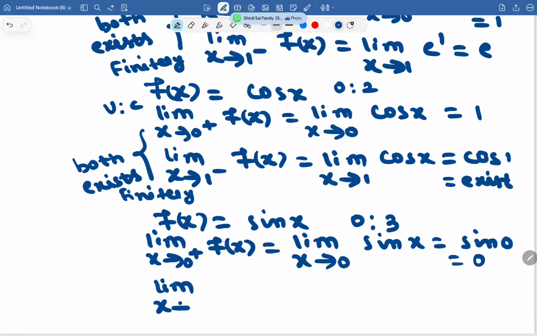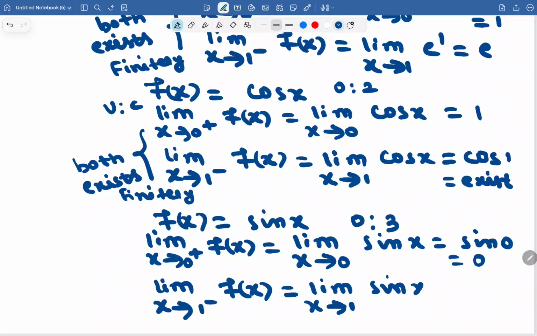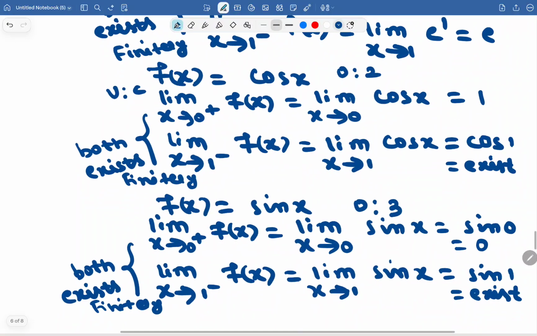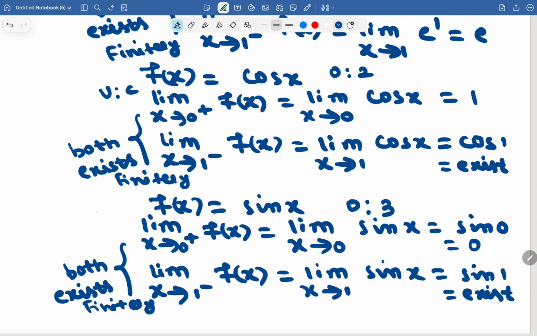The limit as x tends to 1 minus of sin x is sin 1, which exists. Here also both exist finitely. Option 3 is also uniformly continuous.